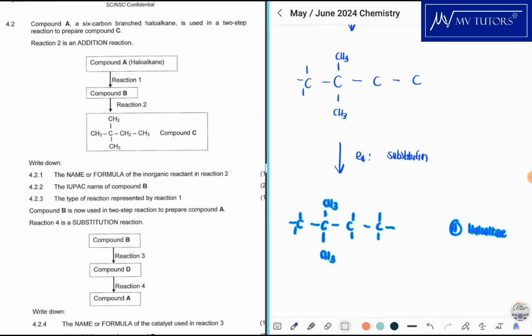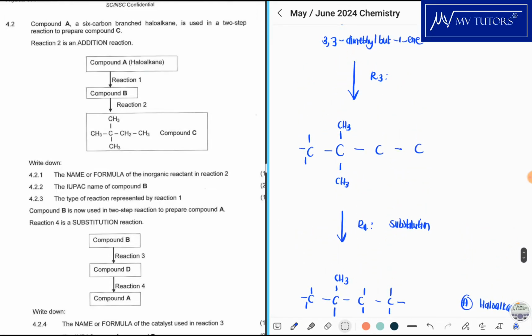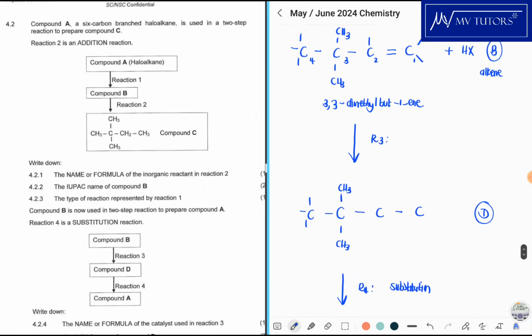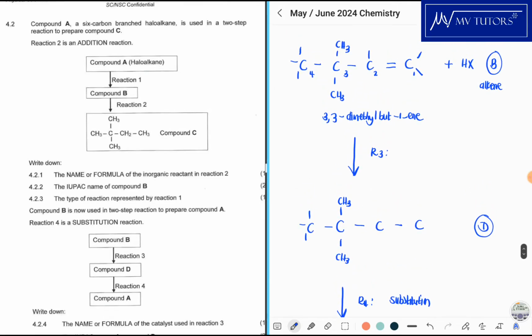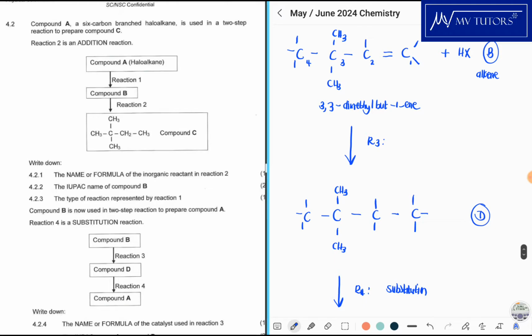So what that tells me is we have single bonds for compound D. This is D. And because compound B is an alkene, we have hydrogens everywhere. So I think from alkene, we have an addition reaction for reaction number 3. And this addition reaction, I think it's hydrogenation.